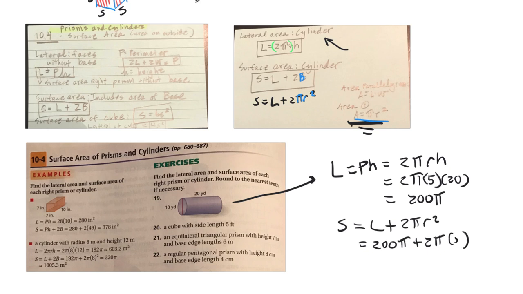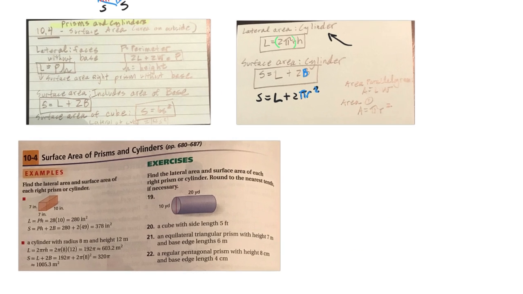Now we know the radius is 5, so it's going to be 200 pi. 5 squared is 25. 25 times 2 is 50. So we have 50 pi. And then when you add that, it's going to be 250 pi. That's the surface area of the whole thing.